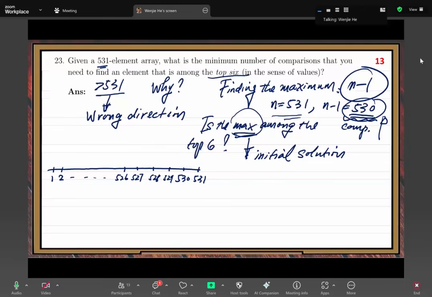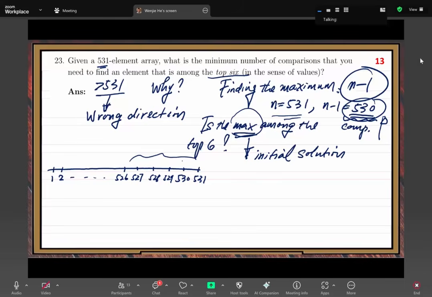Now we want to find, position-wise in top 6, the final position. If we look at the sorting position, top 6.